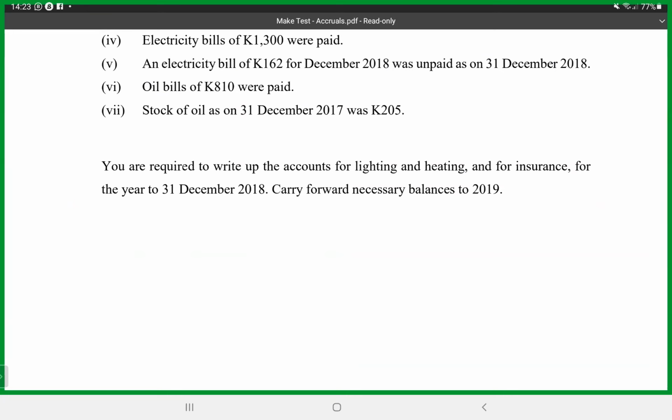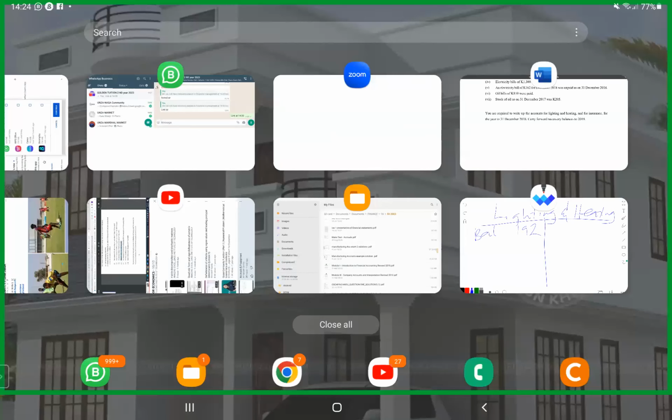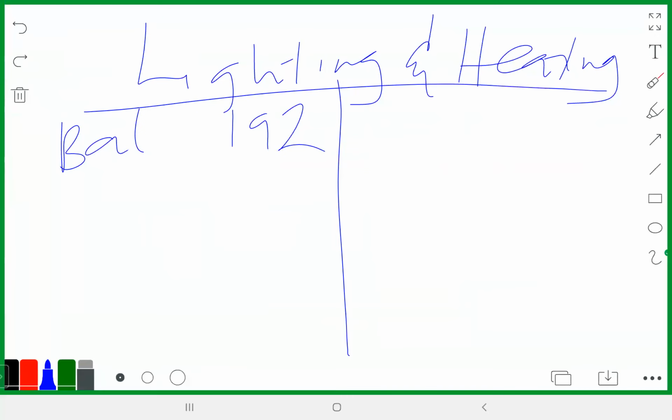So what do we do? When you make a payment for an expense, you debit the expenses account. So you're debiting the lighting and heating account with the electricity bills, so with the 1,300.